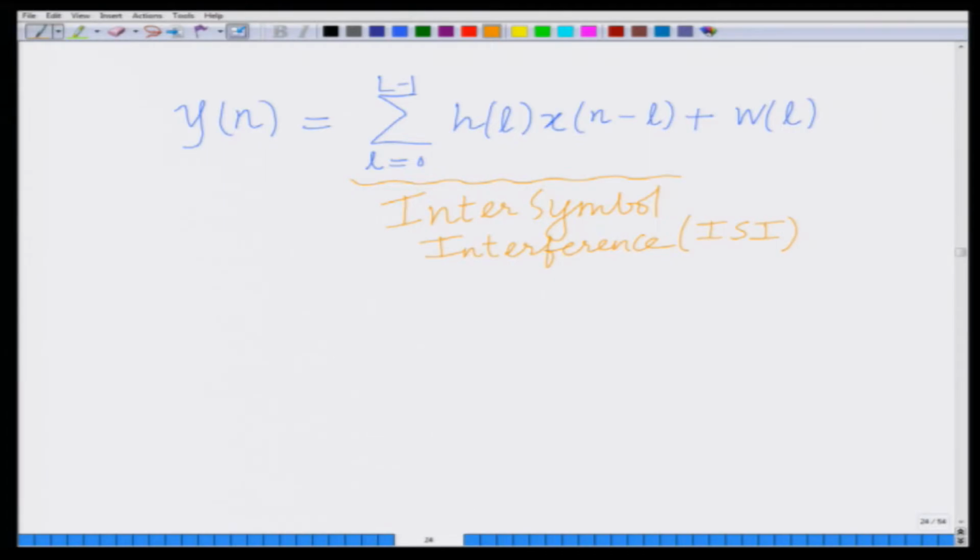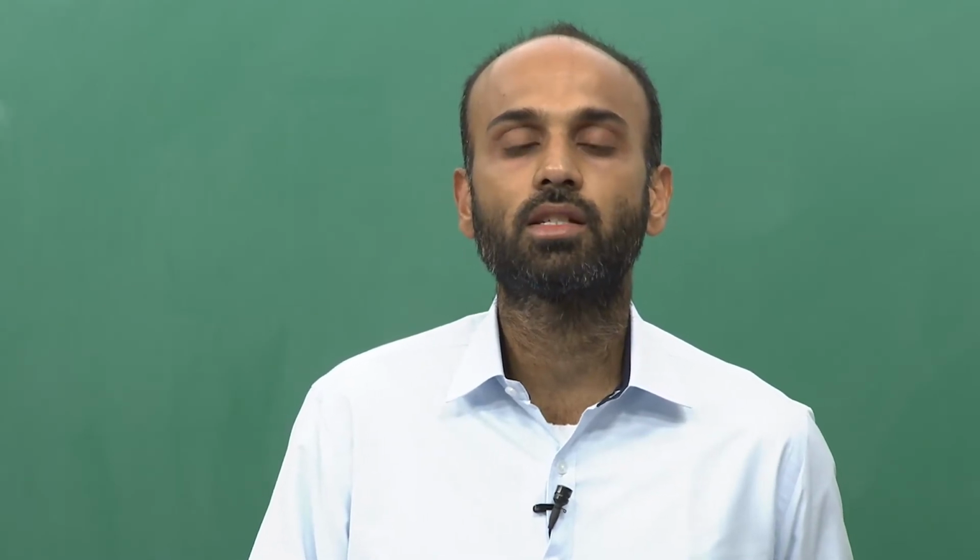This represents inter-symbol interference, because the output yn depends not only on xn, but also on the past symbols. So, the past symbols xn minus 1, xn minus 2, so on are interfering with the current symbol, that is xn. Therefore, this represents inter-symbol interference.